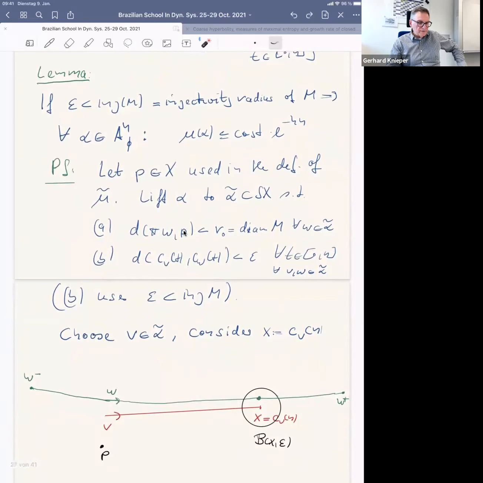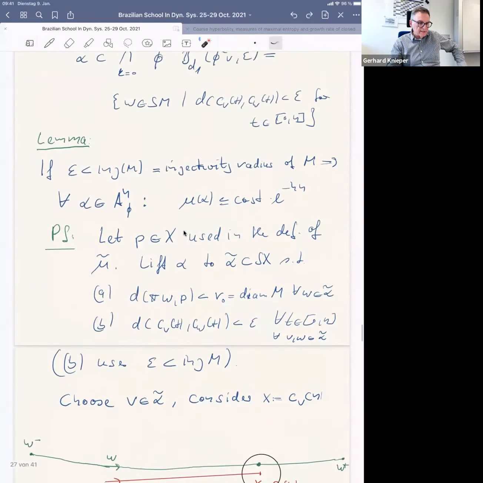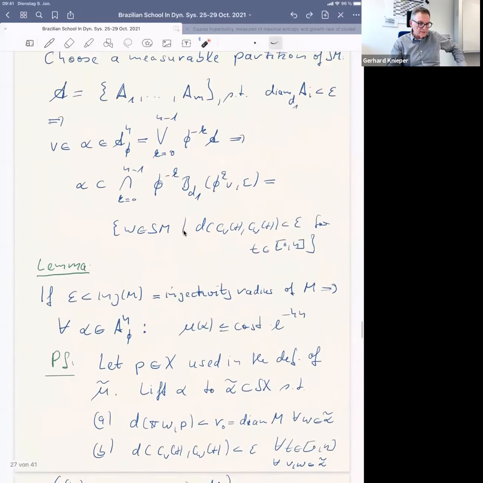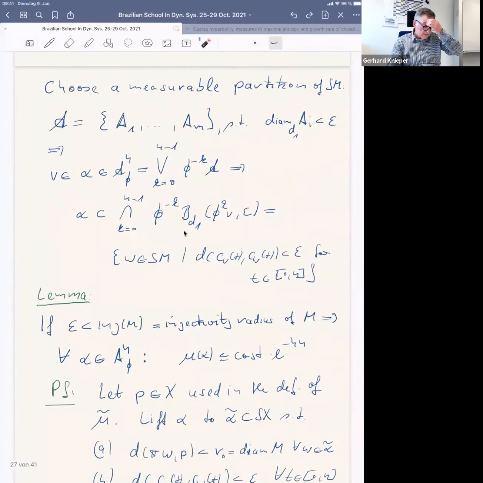You lift everything to the universal cover. Let me choose this point P, which was used in the definition of the measure mu. That was the reference point.